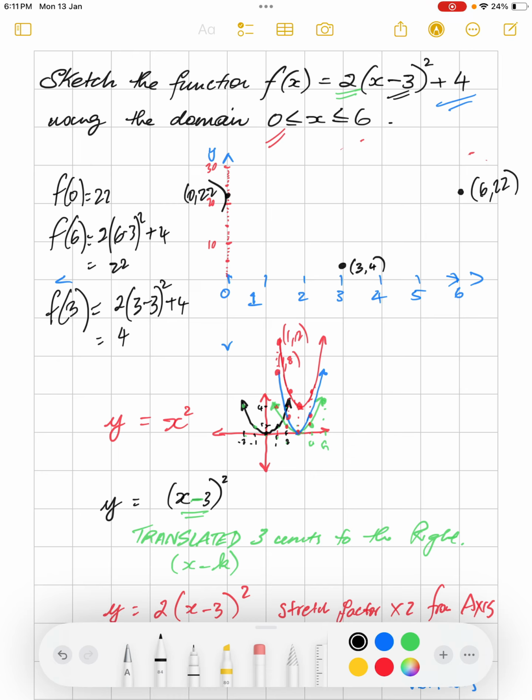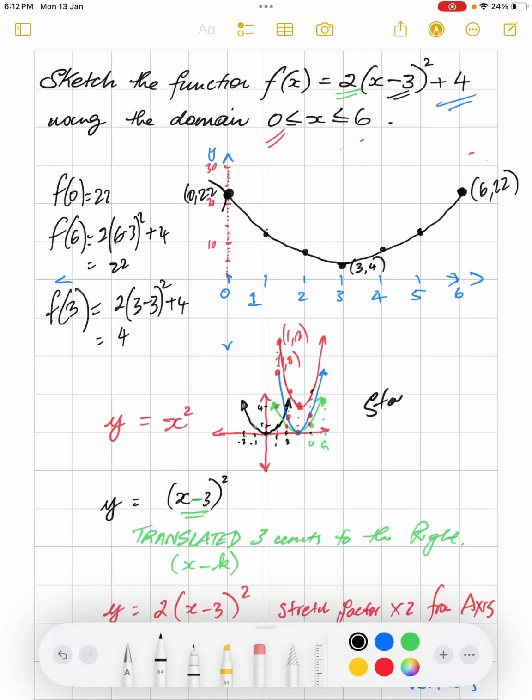And the other points we've already determined are 2, 6, 4, 6, 1, 12, 5, 12, and here is our parabola. And do not put arrows, because it's starting and finishing at those points.